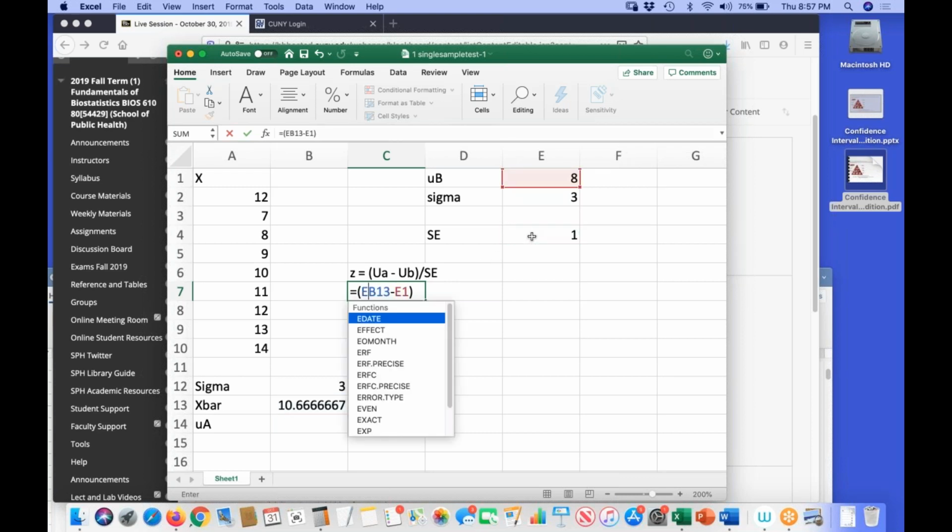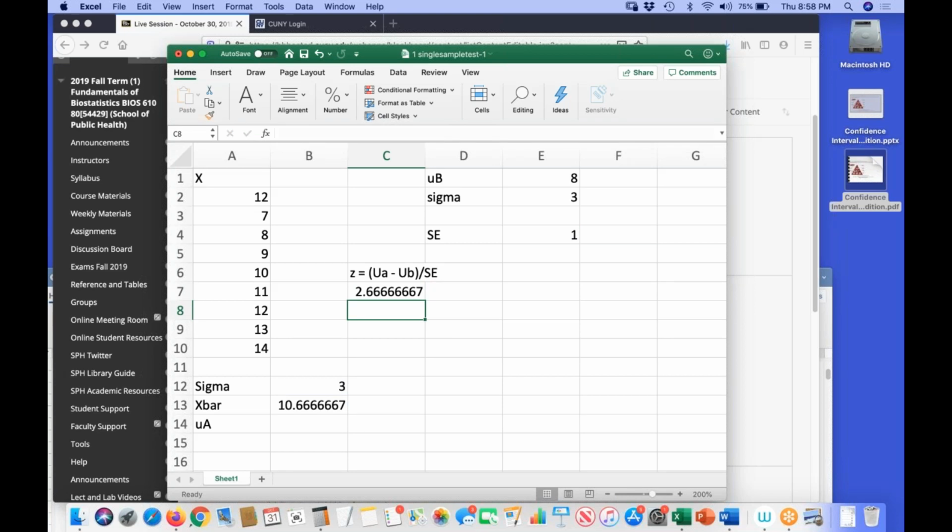Hit enter. And I come up with a Z-score of 2.66. They're 2.66 standard deviations apart.